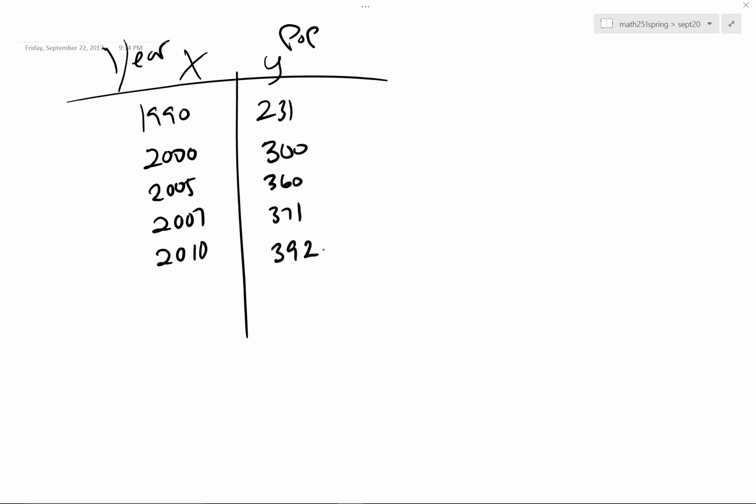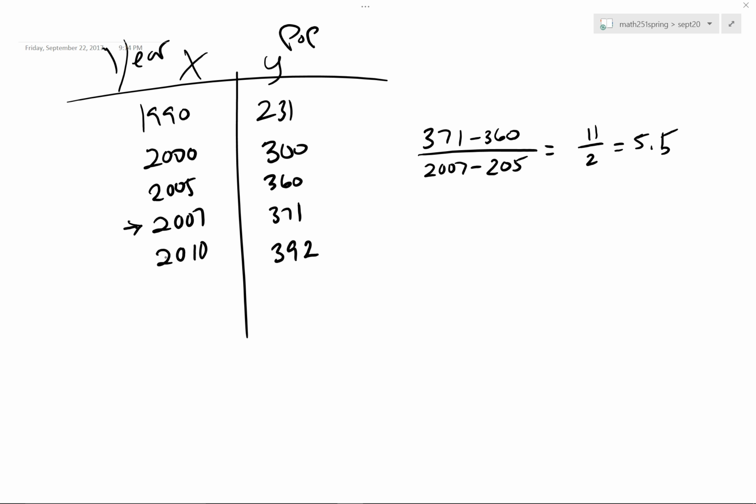Okay. So for instance, you could try to approximate the instantaneous rate of change at 2007. One way you could do that is to see the rate of change from 2005 to 2007, which is 11 over 2, which is 5.5.